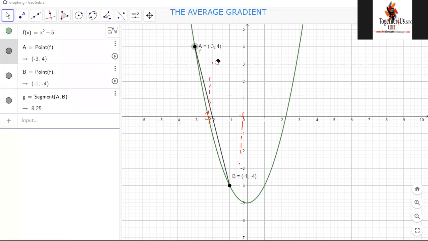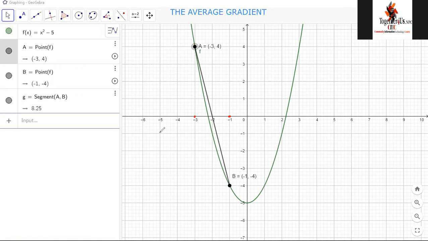Let me get rid of these lines, and then we can have a nice clear drawing. You can see through the grid that we've got values that make sense. Whenever you have to find the average gradient, you are going to have an interval that you're working with, and this interval will include x values.